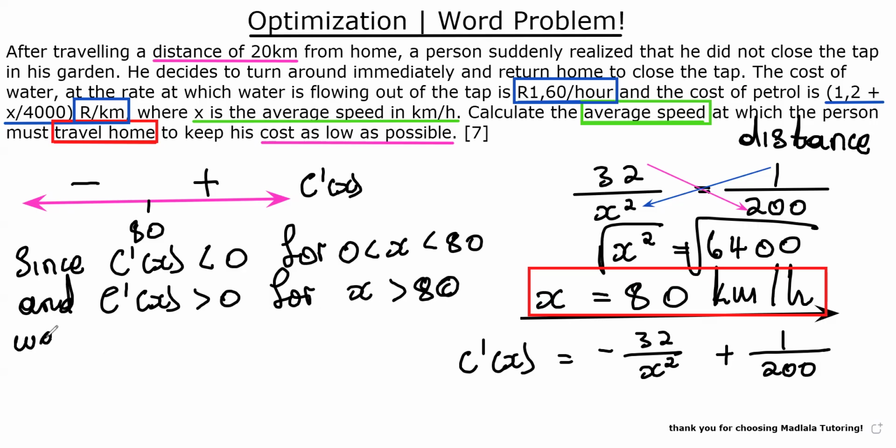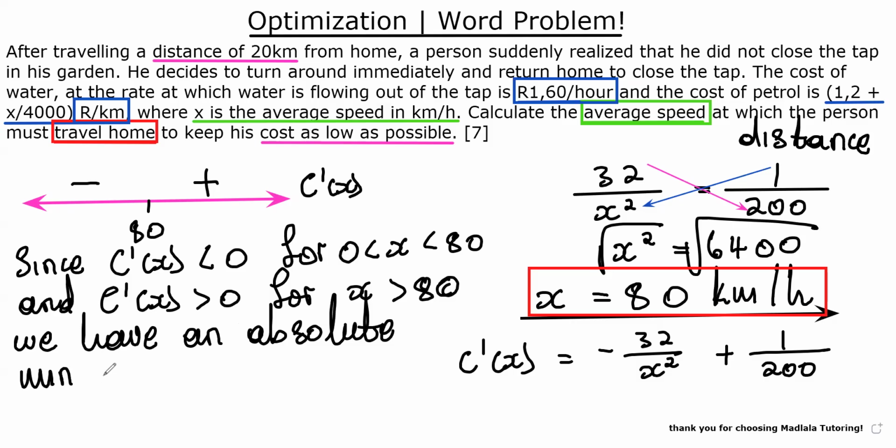It means we have an absolute minimum at x equals 80. So now you have proven beyond reasonable doubt that indeed the value of x that we got is at the absolute minimum.